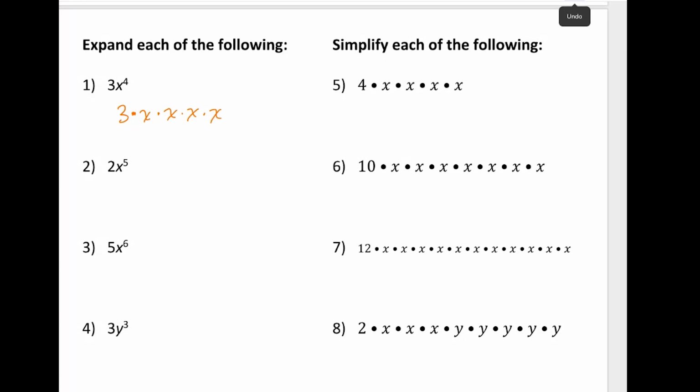As opposed to if we wanted to simplify 4 times x times x times x times x, that would be 4, and then we've got 1, 2, 3, 4 x's, so 4x to the fourth power. So you can either expand the expression or you can simplify it depending on what it is you're trying to do with it. 2x to the fifth would be 2 times 5 x's.